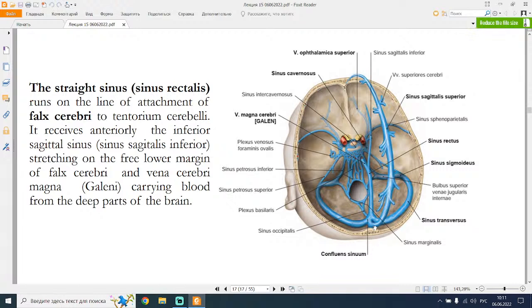It receives anteriorly the inferior sagittal sinus, stretching on the free lower margin of the falx cerebri, and the vena cerebri magna.